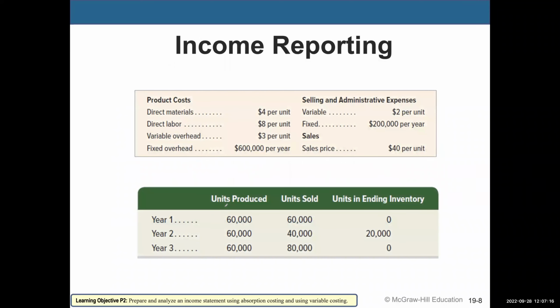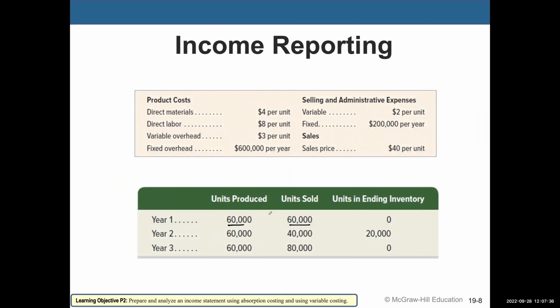We're given some information, and you'll notice here that we're told information for 3 years of data. You'll notice that we have units produced and units sold for each year. In year 1, we produced and we sold the same number of units.